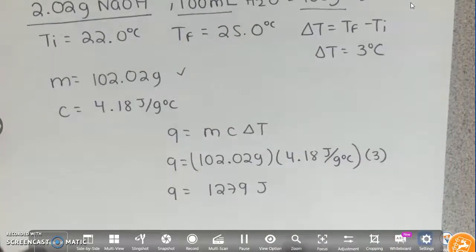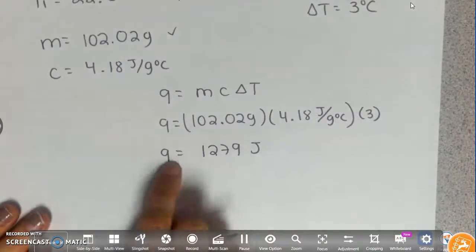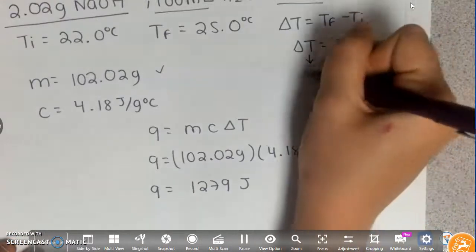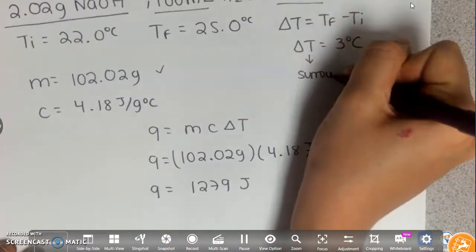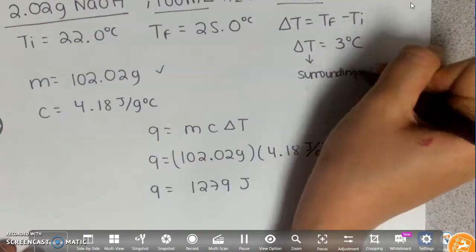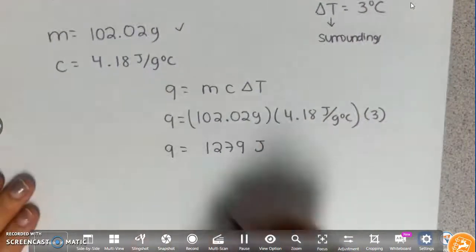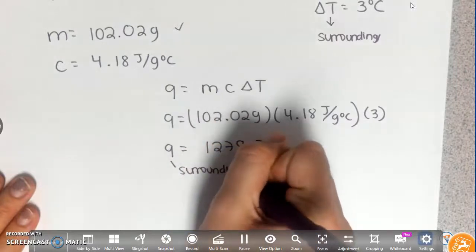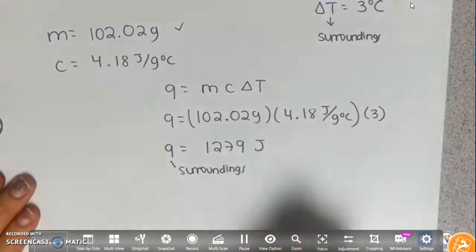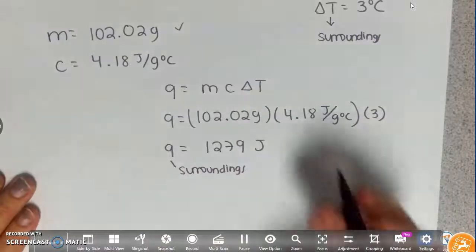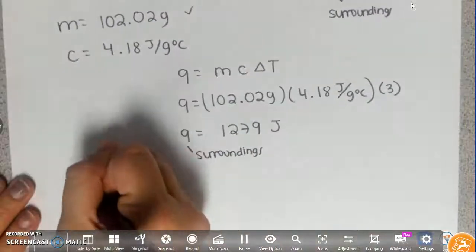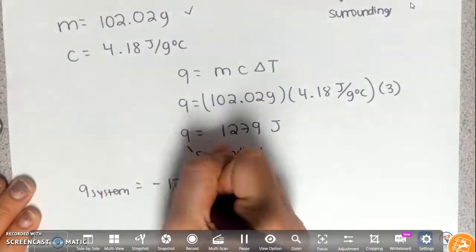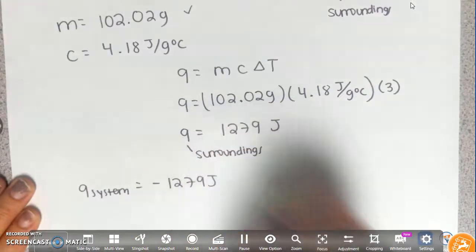Now, anytime you have heat, or you take a temperature, you always get the temperature of the surroundings, never the system. And so if that's the temperature of the surroundings, this is the Q of the surroundings. To make it the heat of the system, of the chemicals, you have to flip the sign. So Q of my system is negative 1279 joules.